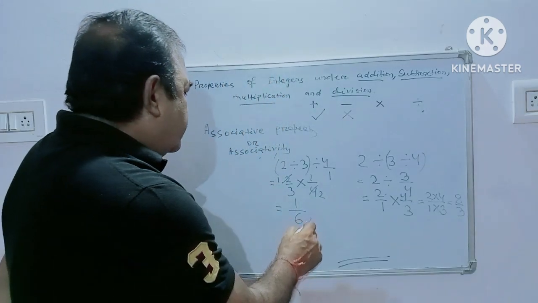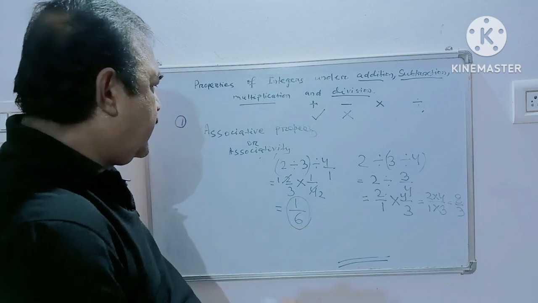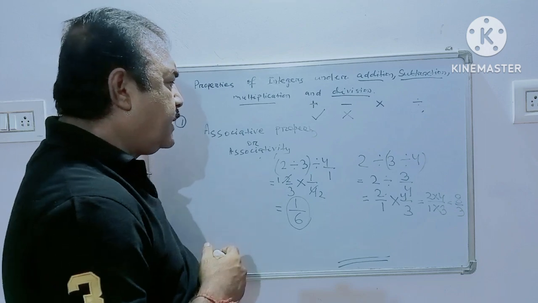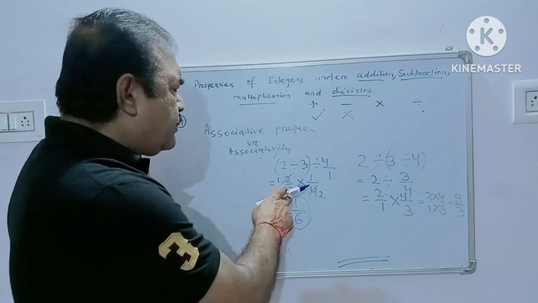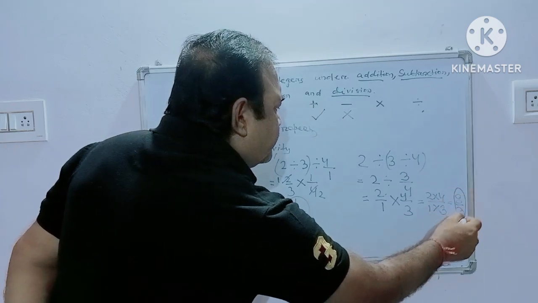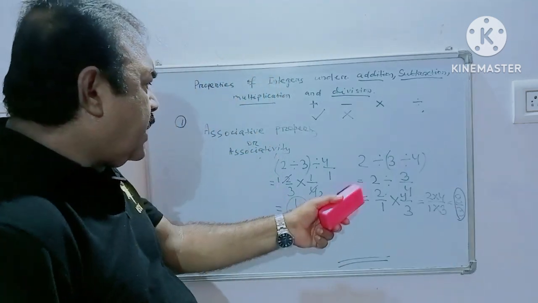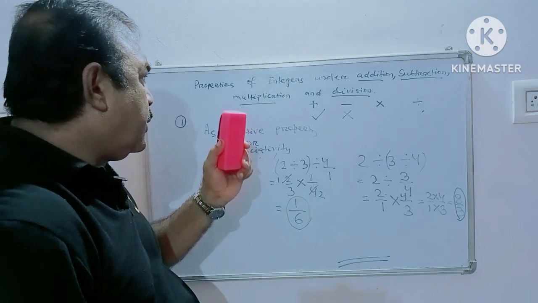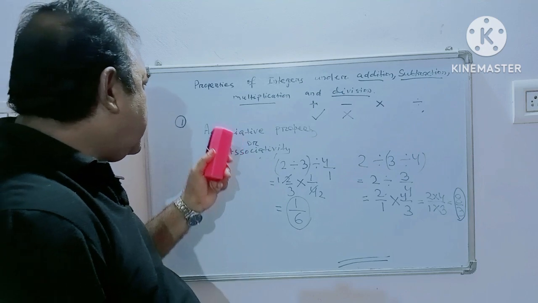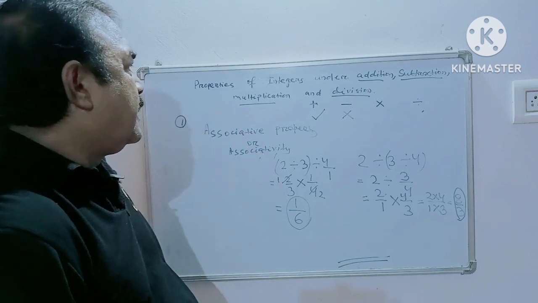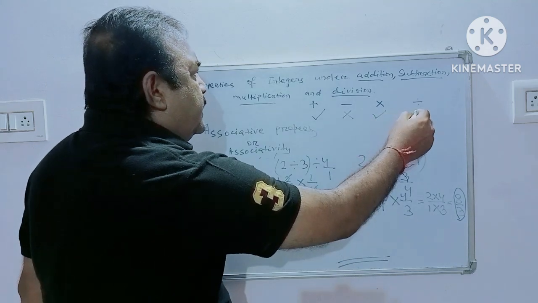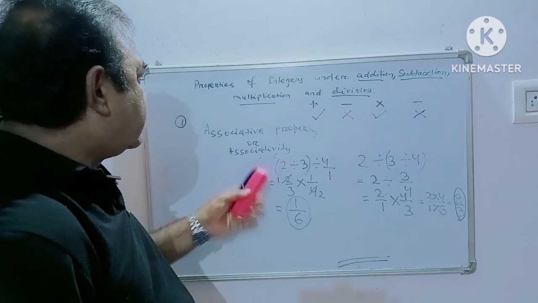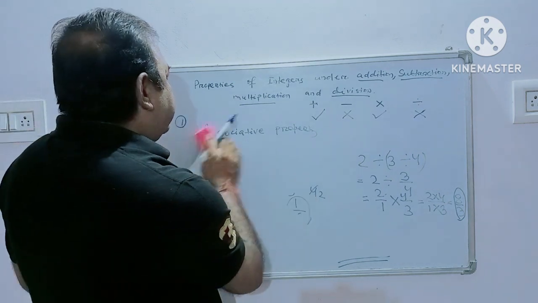So here the result is 1 by 6 on the left hand side, and it is 8 upon 3 on the right. So 1 upon 6 is not equal to 8 upon 3. So integers do not hold good, they do not show associative property under division. So finally, what we can write?